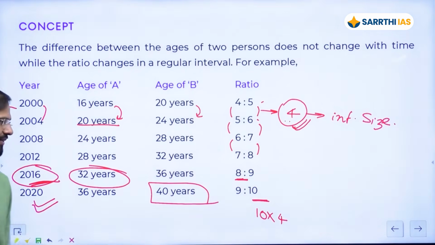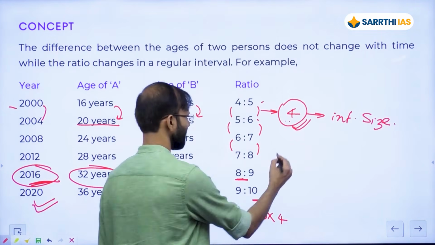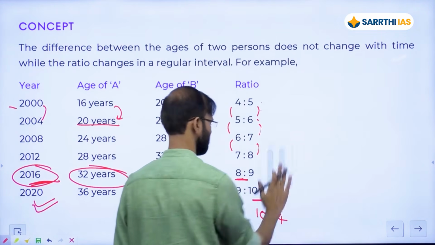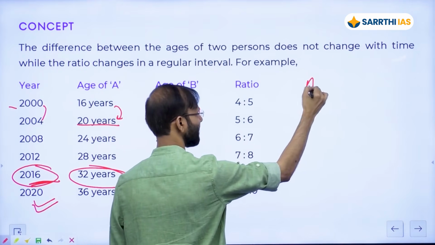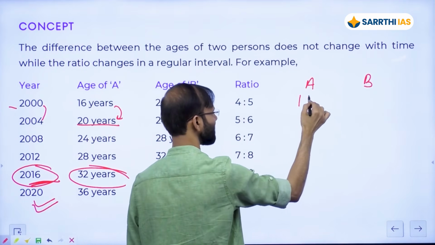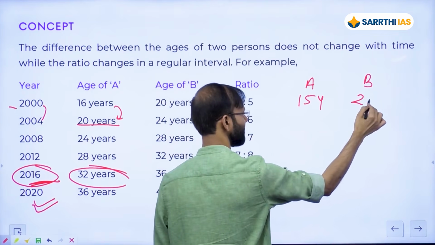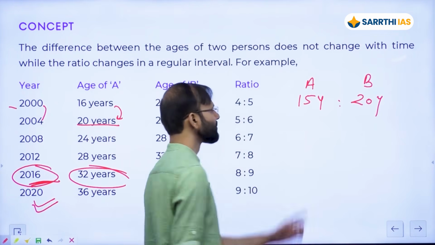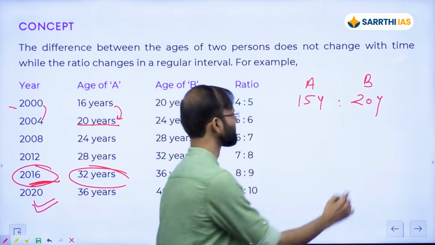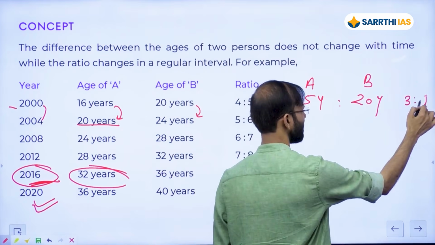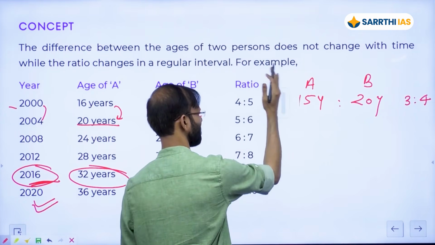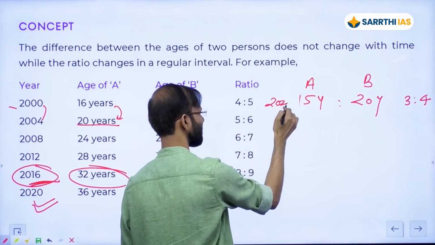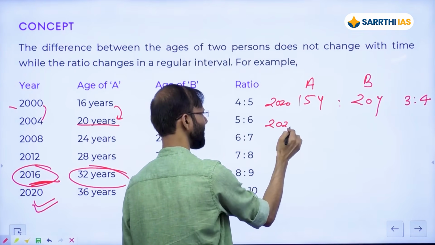देखिए, so for example, this is A and this is B. Let's say this is 15 years and this is 20 years, right? So the ratio is what? 3:4. And let's say this is 2020. So in 2025, this will be what?